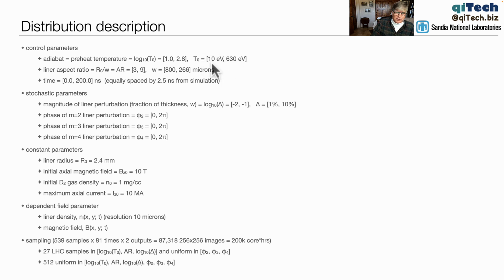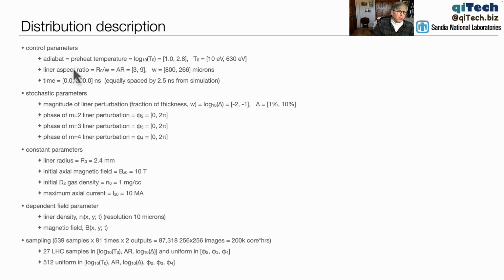Normally you consider that a higher adiabat. The lower the temperature, the more compression that you end up getting, and also the more opportunity to develop and enhance the instability. And that's one reason why this is chosen as one of the important control parameters.